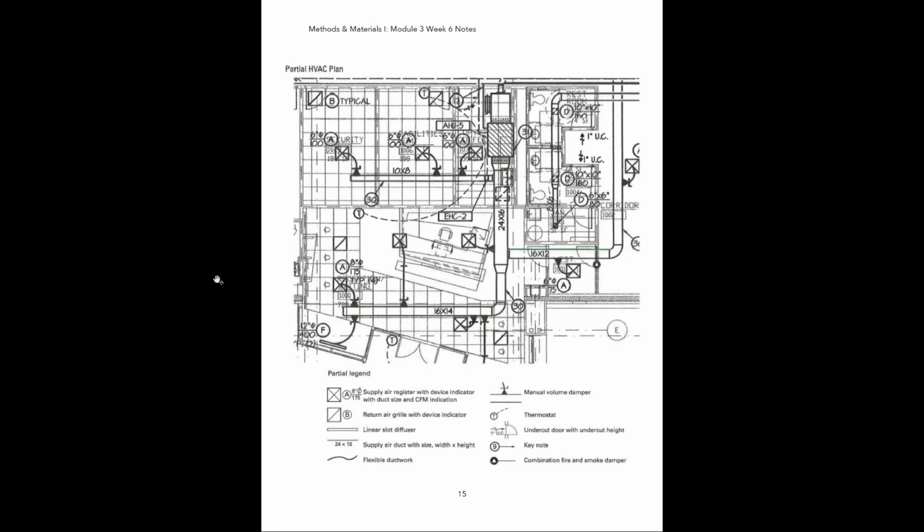All right, so here is a partial HVAC plan that was provided within the reading for the week. What we are looking at here is basically a reflected ceiling plan that has an engineer's HVAC design overlaid on top of it.